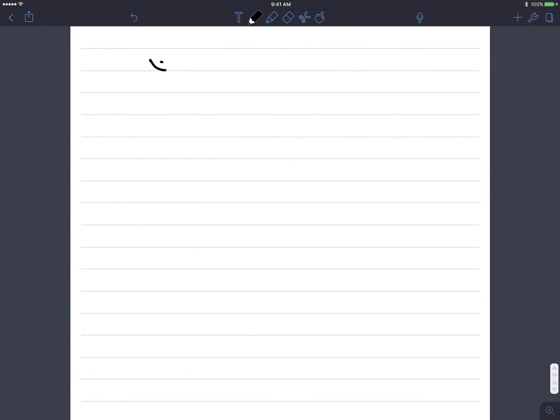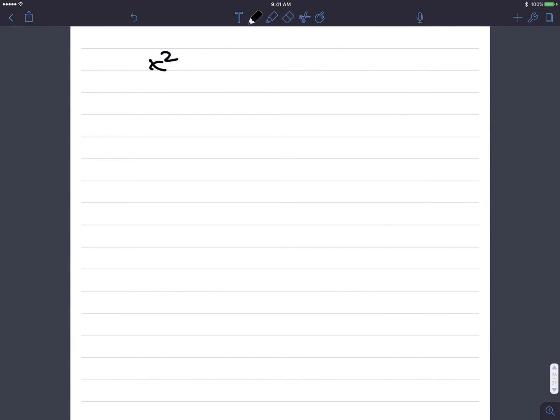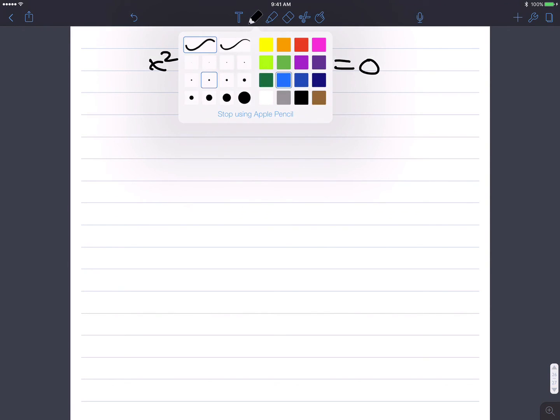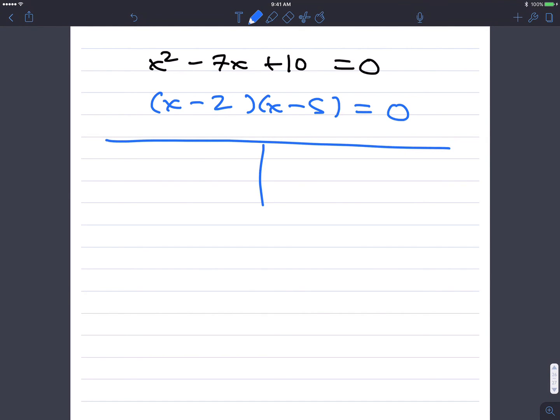Or we say x squared minus 7x plus 10 is 0. We're going to solve this by factoring. This is x minus 2 and x minus 5. By the zero product rule, x minus 2 is 0, and x minus 5 is 0. Add 2, add 5.